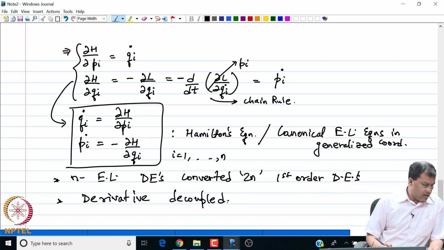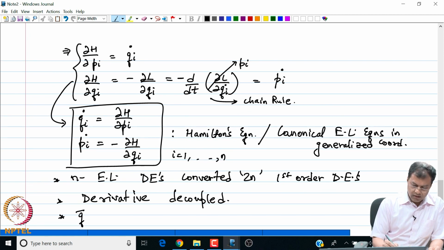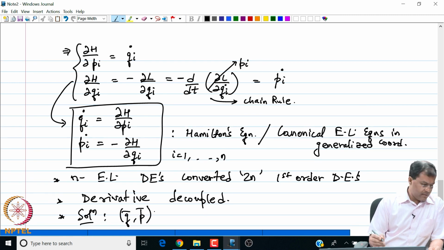Okay. So finally I end this discussion by mentioning that the solution that we obtain, q bar comma p bar, is a unique solution.